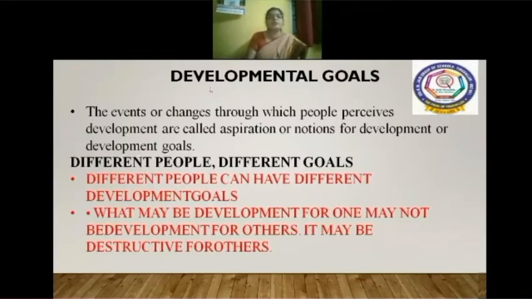The events or changes through which people perceive their development are called aspirations or notions, or you can say they are also called development goals. Different people have different goals. What may be development for one person may not be development for others. It may be destructive. So we'll be seeing certain examples that relate to this.